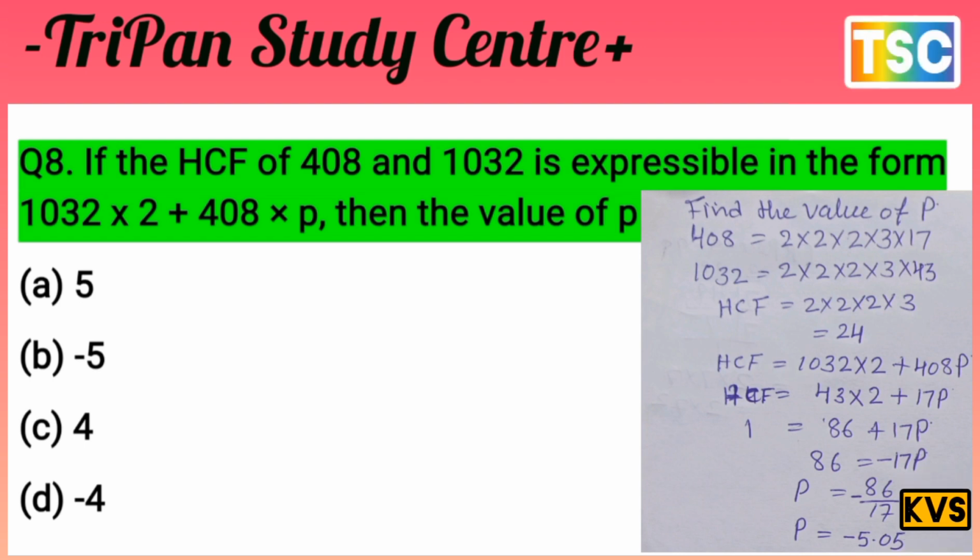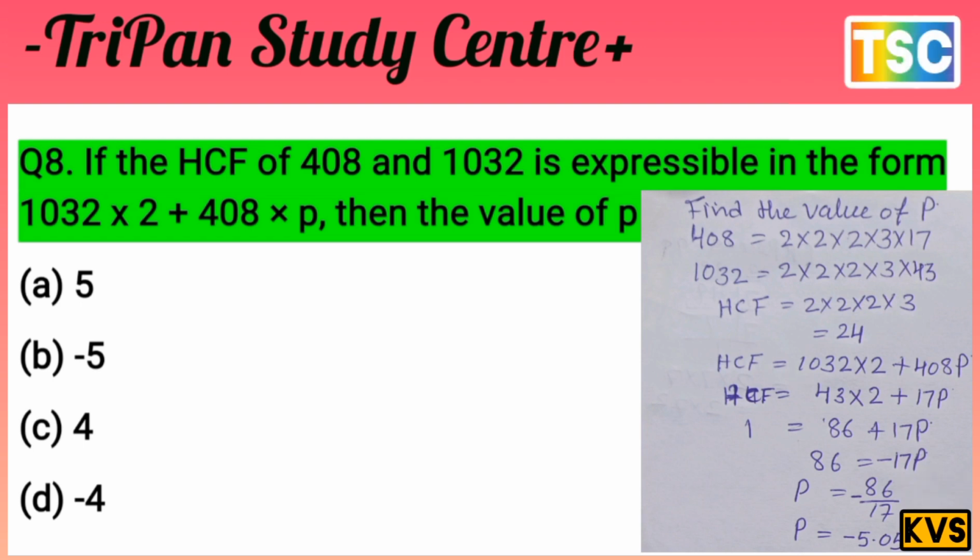Okay, factorize here, and next factorize 1032. 1032 factors as 2 into 2 into 2 into 3 and 43 is the last. And the HCF is coming here: 2 into 2 into 2 into 3, which is equal to 24.